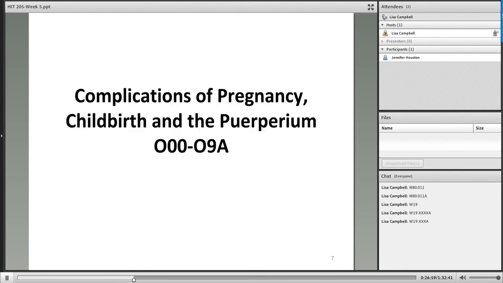Now, our big doozy for the week. I first want to grab my coding manual, because before we start to talk about this chapter, I think it's important to look at the tabular listing.